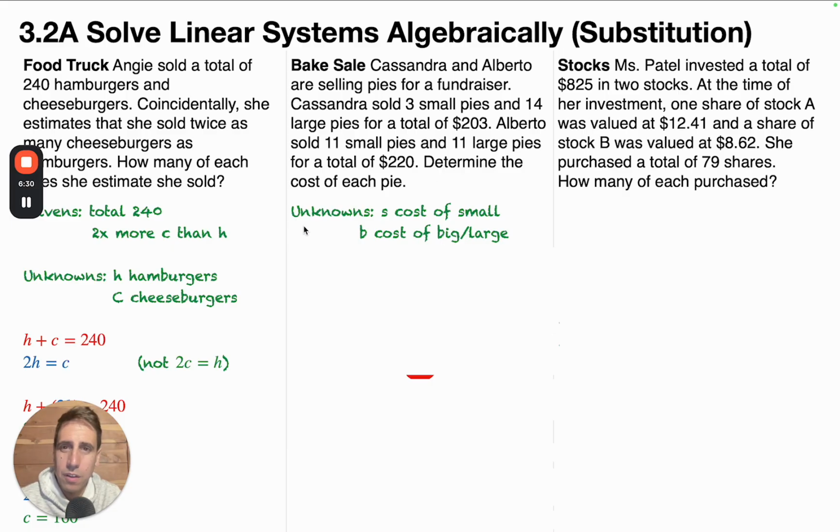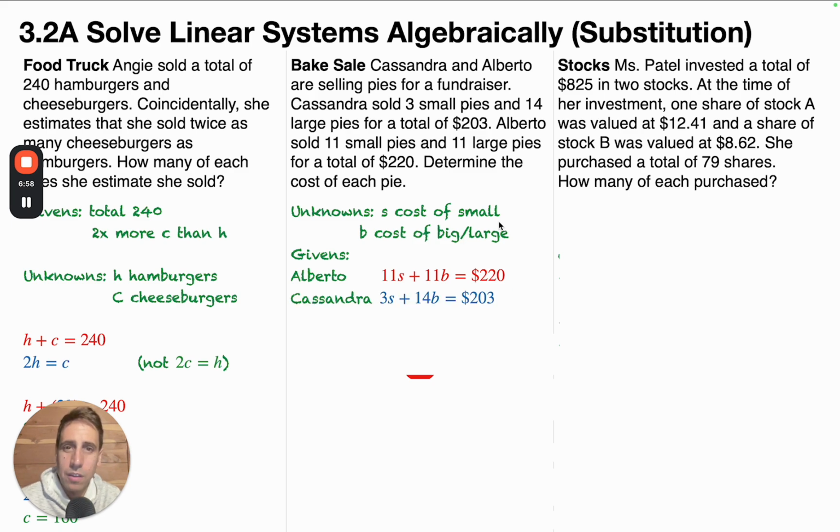Anyway, unknowns. And then maybe we should do my givens next. So givens, I've got all these numbers here, 3, 14, 11, 11, and how much they got total. The way you organize is the total is going to go all the way at the end. So Alberto, for example, had a total of $220, put all that by itself, and he got that by doing 11 small pies and 11 big pies.